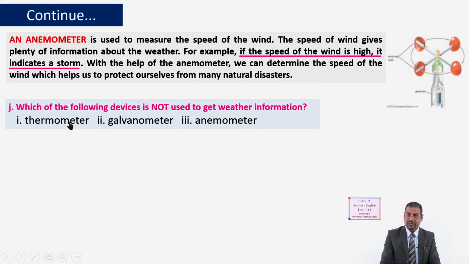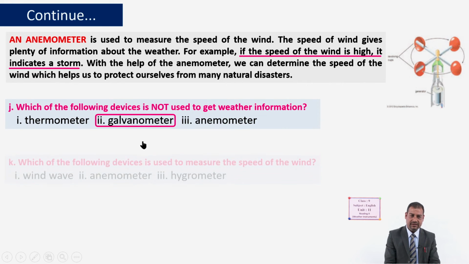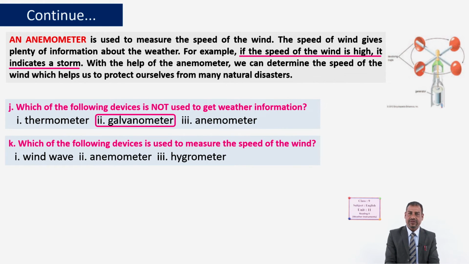Now thermometer we have already read, and anemometer is given here, but galvanometer is not given, and galvanometer is used for electric shocks, I think, you know. So our answer should be galvanometer. Okay, have you chosen this one? Good job.